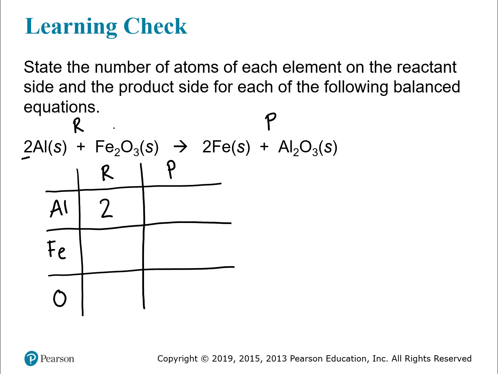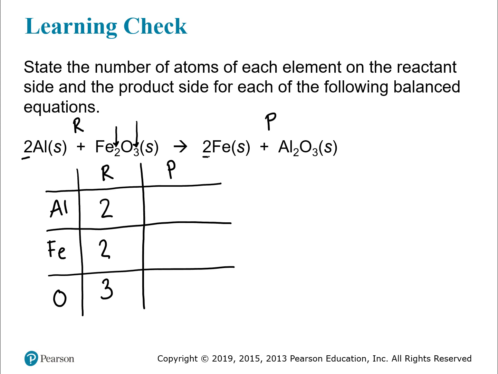Next we have the iron. There's a subscript of 2 there, which means that we've got 2 of them. The oxygen also has a subscript of 3. So there are 3 oxygen atoms. If this equation is balanced, we should have the same number of atoms on the other side.